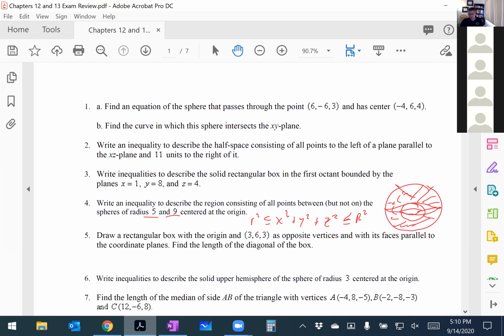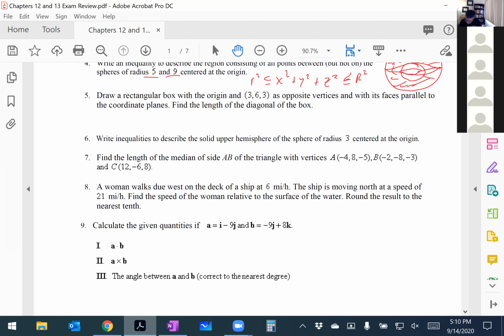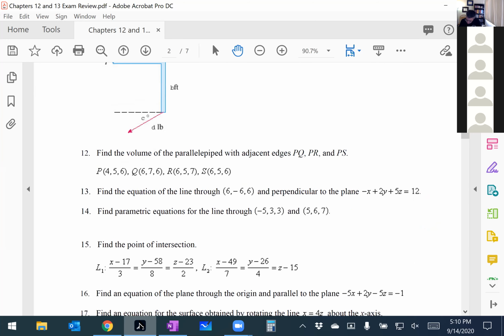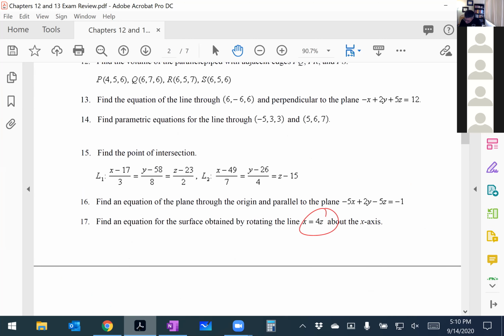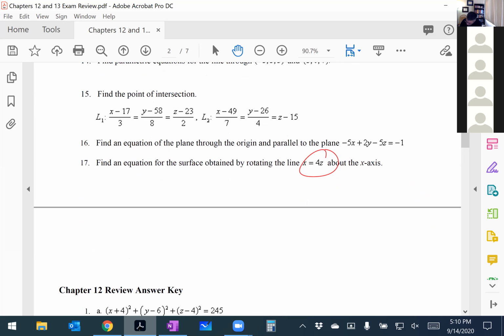We have x equals 4z, right? Is that the one you want? Yeah. It says find the equation for the surface obtained by rotating the line x equals 4z about the x-axis.